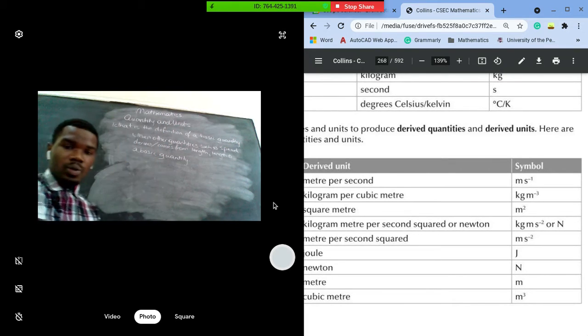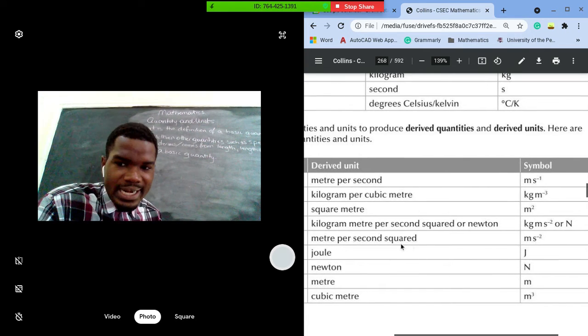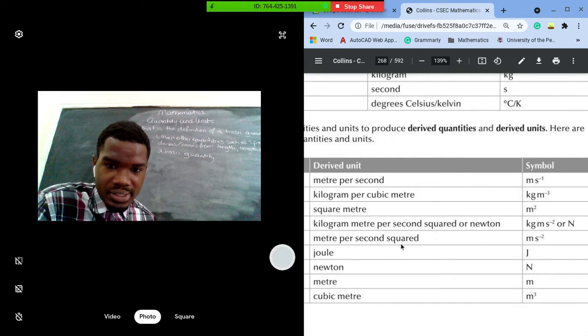Alright, so what I want us to go through now, after you understand the first quantity and its derived quantity.